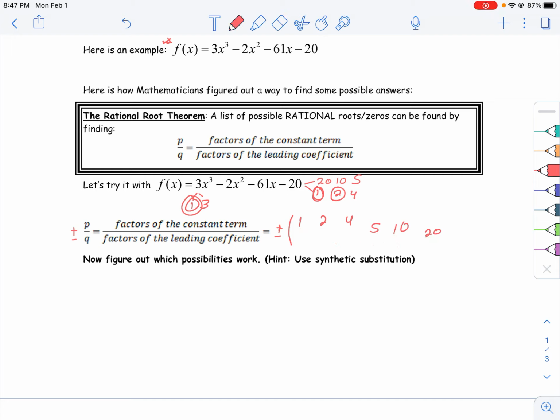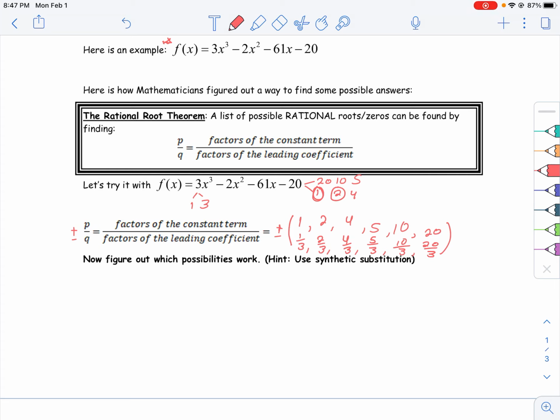Once you understand that you're just dividing all of those things by 1, that's all you need. And then on top of that, we need to do all of the p's over all of the q's that are 3, so it would be 1 over 3, 2 over 3, 4 over 3, 5 over 3, 10 over 3, and 20 over 3.